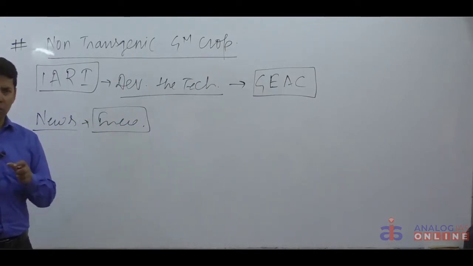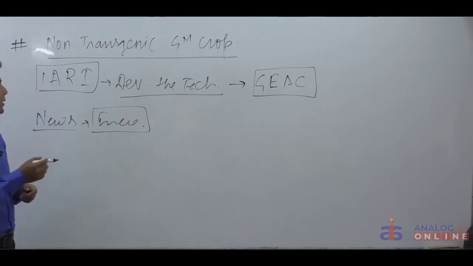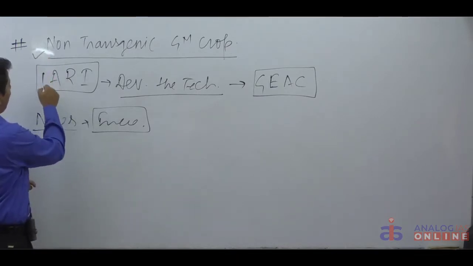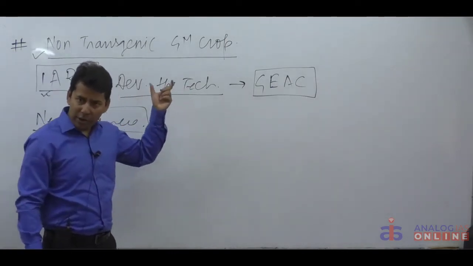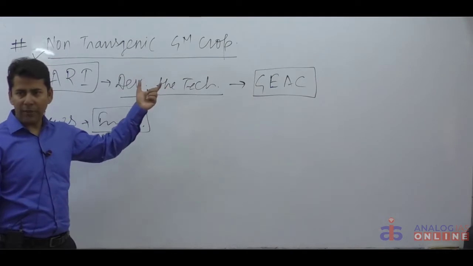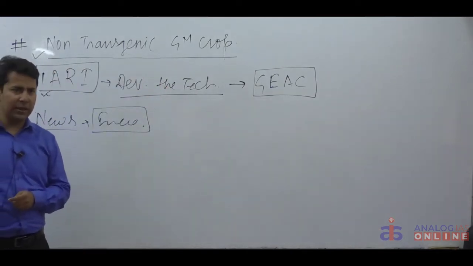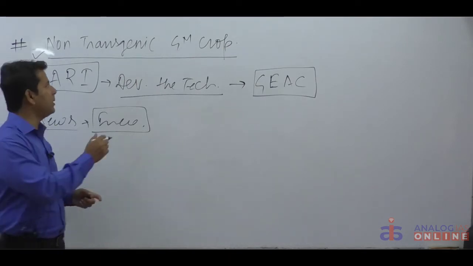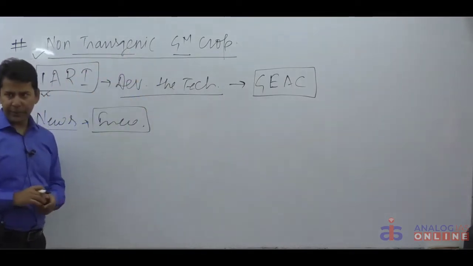And then it also shows the weaknesses of the governance and the control of government over the GM crop. Then this news came up. IARI came up with the news, and they basically raised the issue that we are already having something called non-transgenic GM crop technology. And then this GM crop will be accepted by every country that we are sending rice or any grain to, because it will be GM, but it won't be transgenic, non-transgenic GM, right?